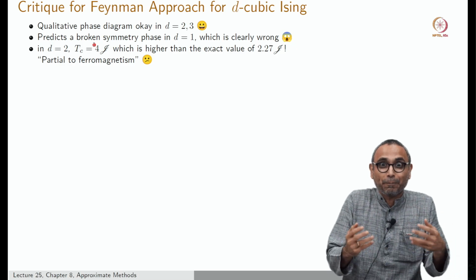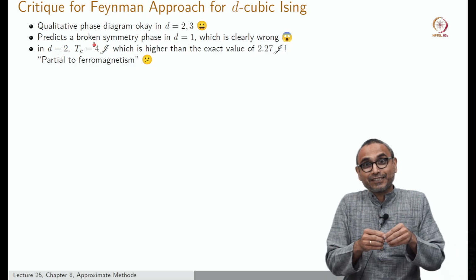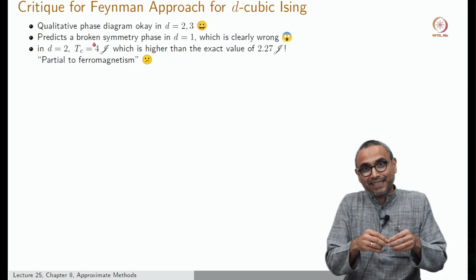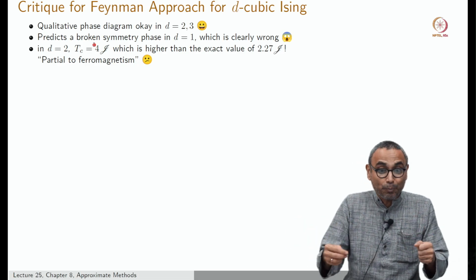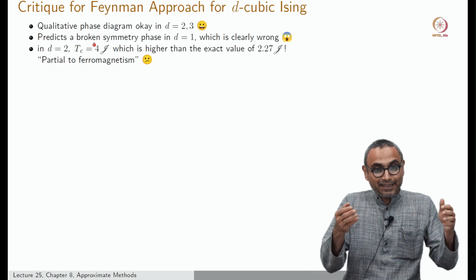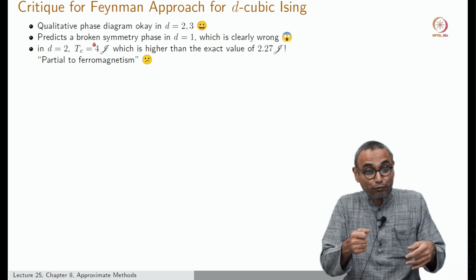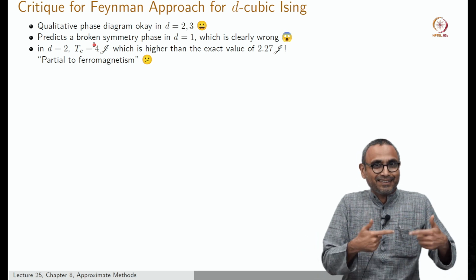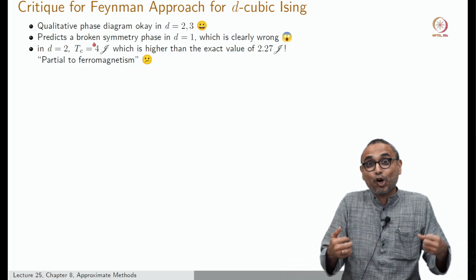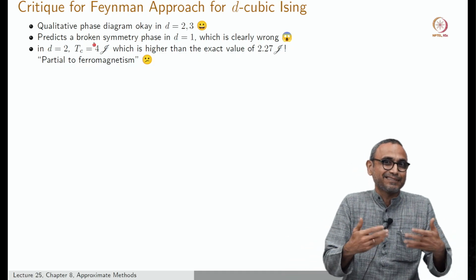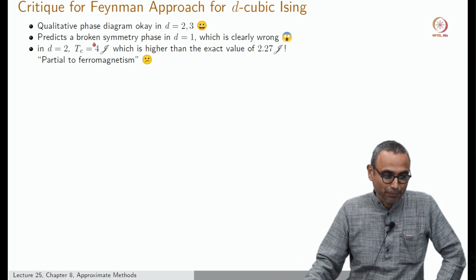That means it prefers ordered phases. The temperature at which the ordered phase dies and the disordered, paramagnetic phase starts is 2.27J in the exact solution. In the variational approach we find it is 4J, which means that the entropy associated with fluctuations, which destroys order, is not able to win in this variational model. So there is something missing in the variational model.